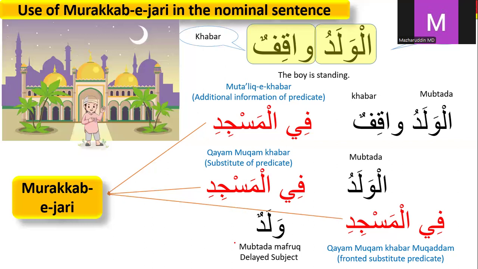I hope it is clear for you people to understand. If you have any doubt about it, please let me know. It's clear, ma'am. It's clear? Yeah. So don't get confused that there are big words, mutalik khabar, qaim muqam khabar. No, it is very easy.